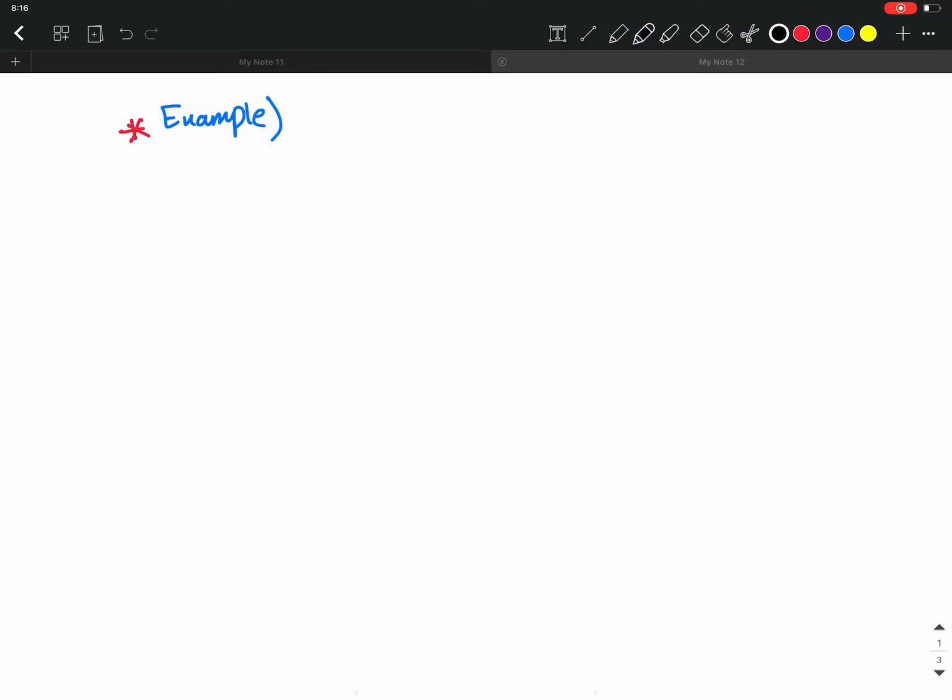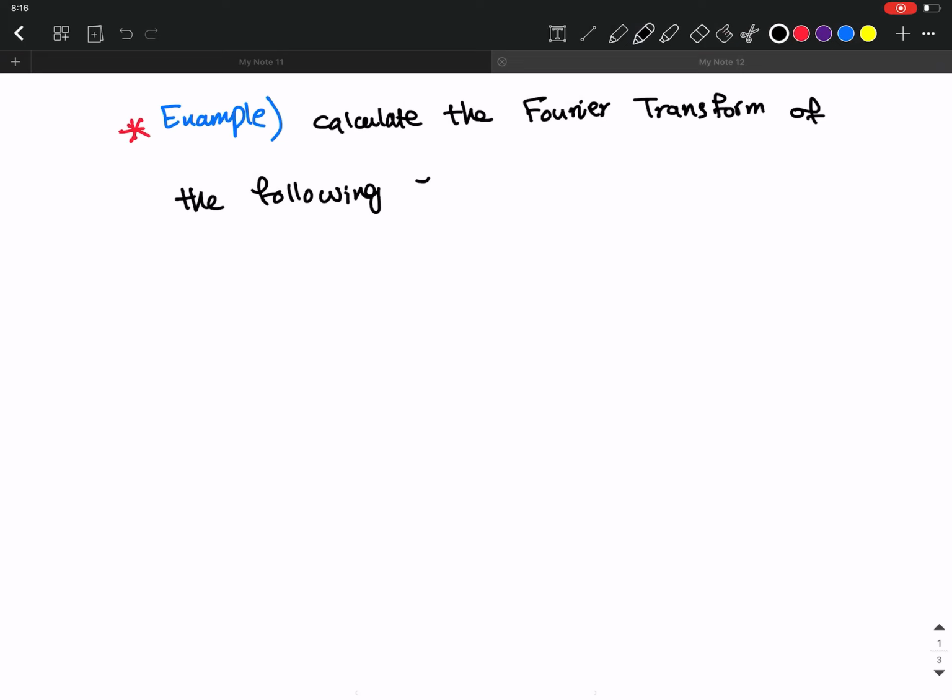so the question is: calculate the Fourier transform of the following function.